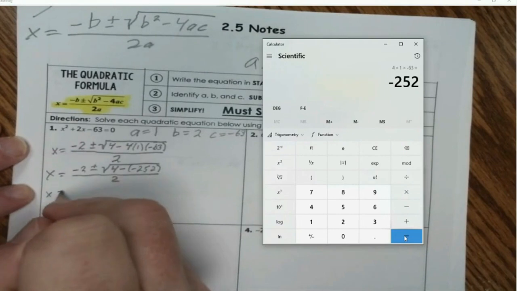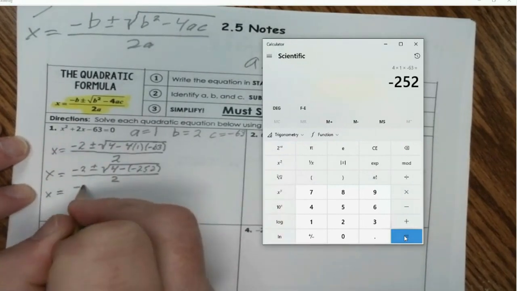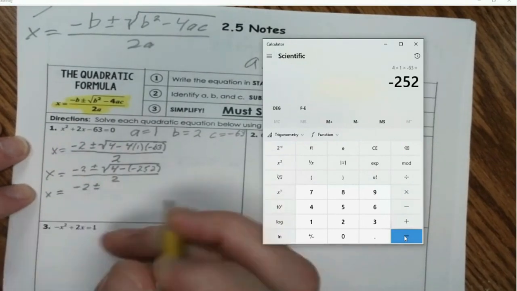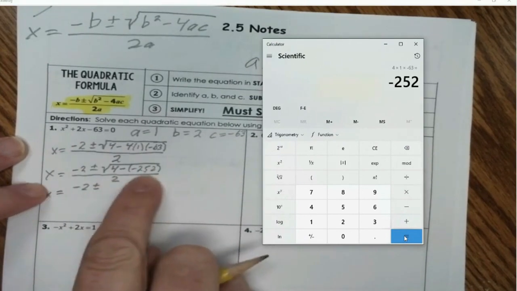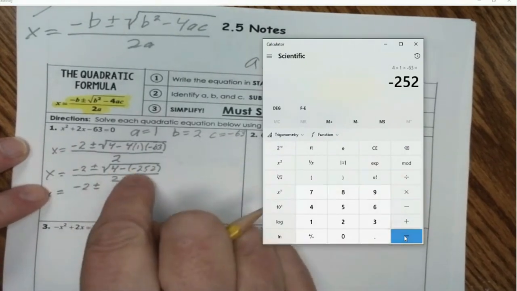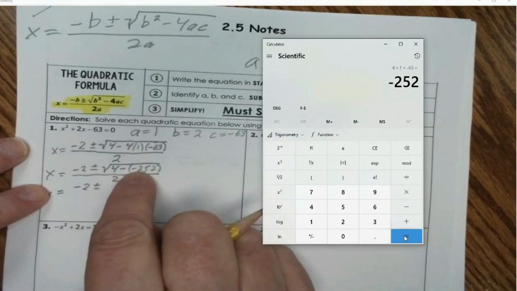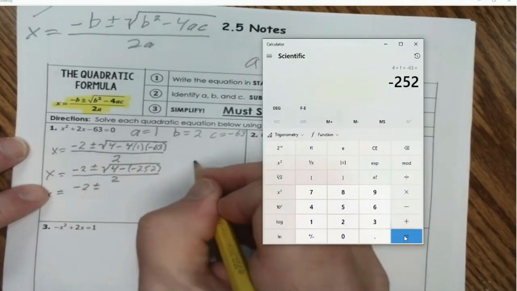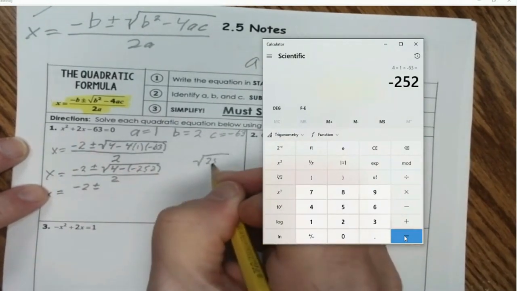So x equals negative 2 plus or minus what? We need to figure out what this is. So 4 minus a negative. Minus a negative means we add them. So this is the square root of 256.